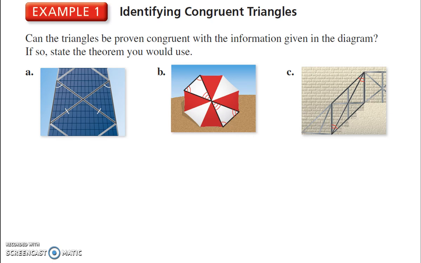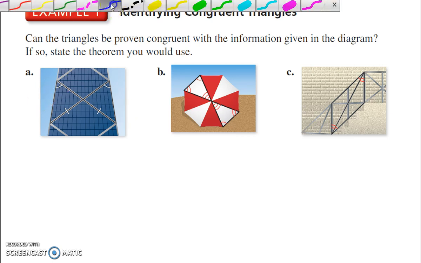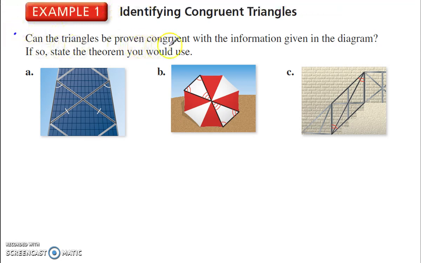Alright, look at a couple examples here. See whether we can, by any of these theorems, prove these congruent with the information given. Alright, looking at A, we have this angle up here and this one. We know the side opposite it. What else can we deduce? We know this angle and this angle are congruent. Put a couple lines there.